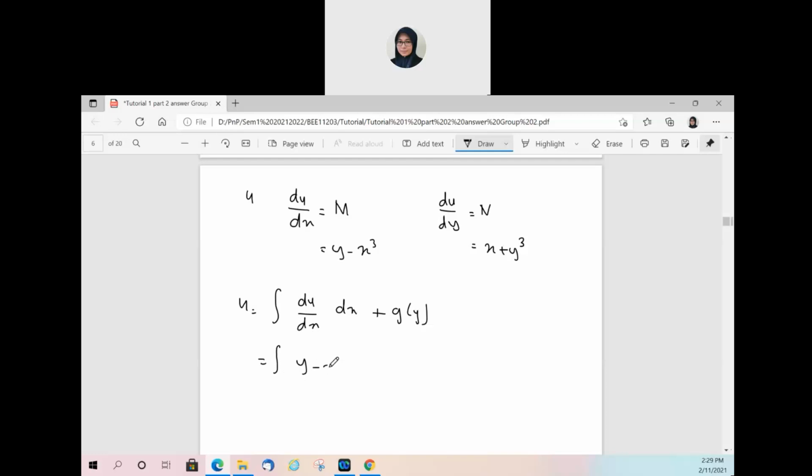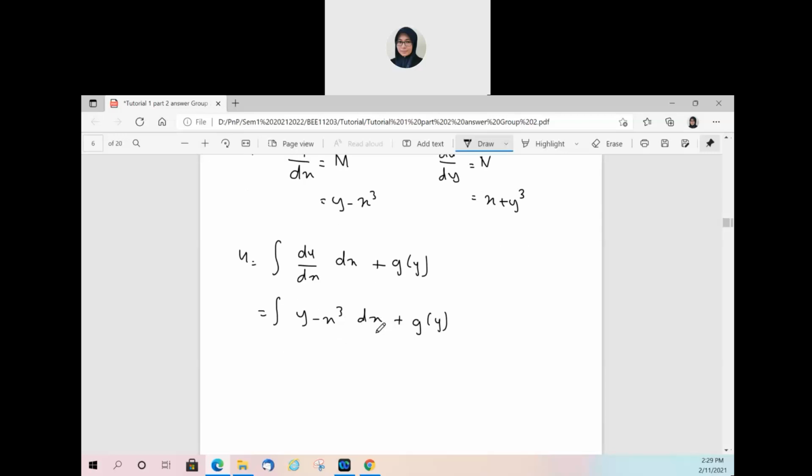So u equals the integral of (y minus x^3) dx plus g(y). Oh, you integrate, not differentiate.